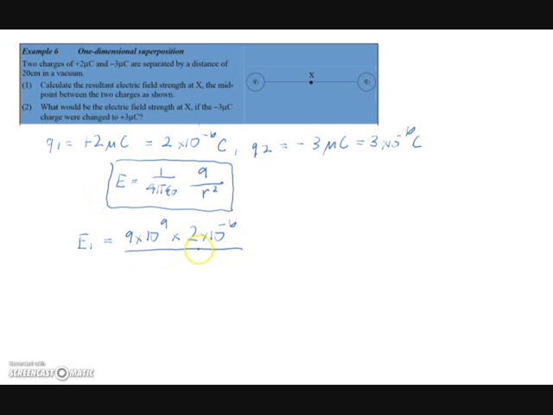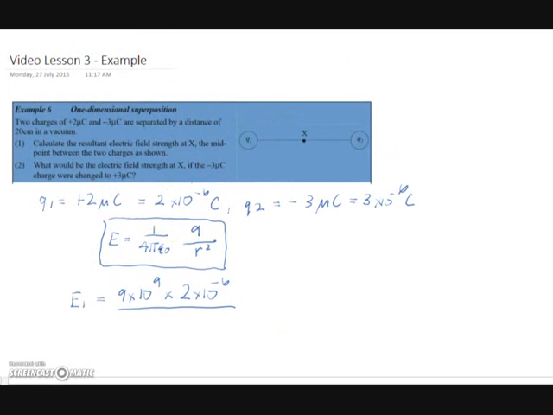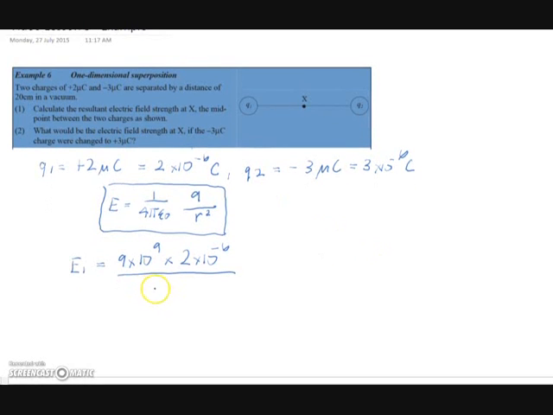And then we know what r is because we're told already that it's 20 centimeters, but we're only here in the middle, which is 10 centimeters, or 0.1 meters. So we can say 10 times 10 to the minus 1, or you could just write 0.1, and all of that is squared. If we work that out, we get a magnitude of 1.8 times 10 to the 6, and remember our unit is going to be newtons per coulomb, N C to the minus 1.